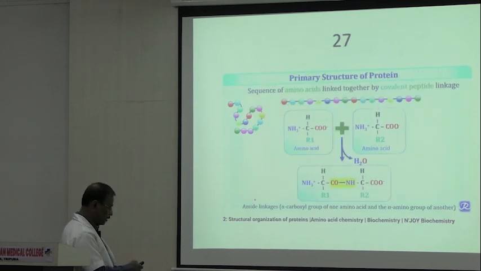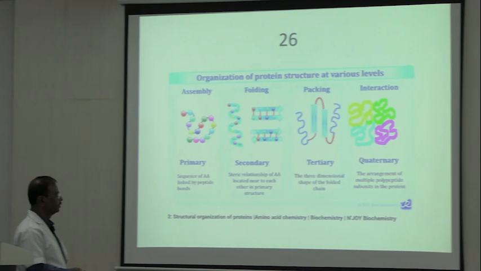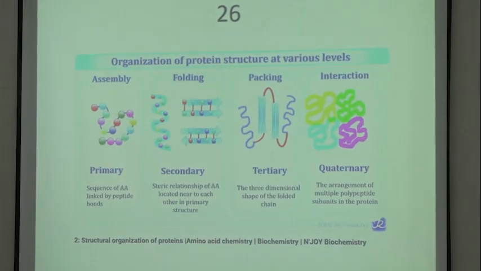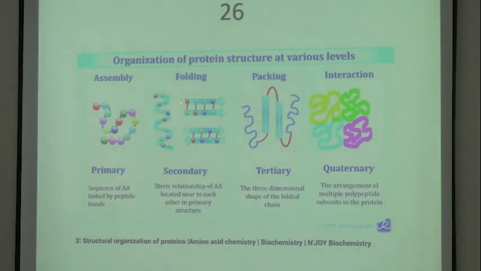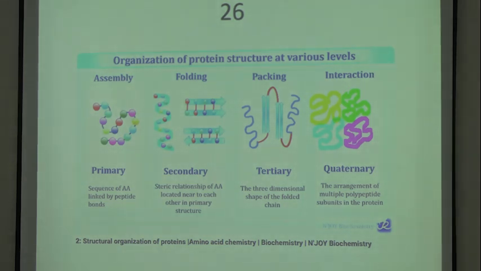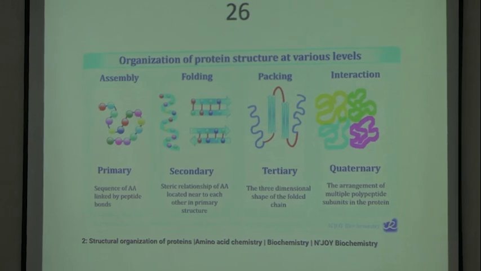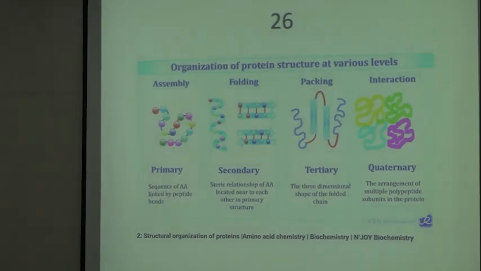The next type of structure is the beta sheet. In the beta pleated structure, there are two polypeptide chains arranged in the same direction. Their amino terminals will be on the same side, and the carboxyl terminals will be on the other side, both of them on the same side.